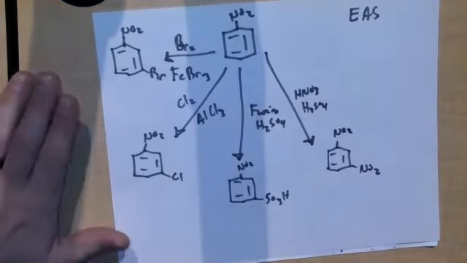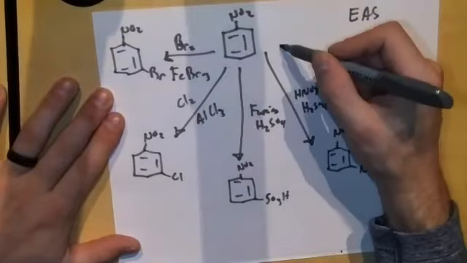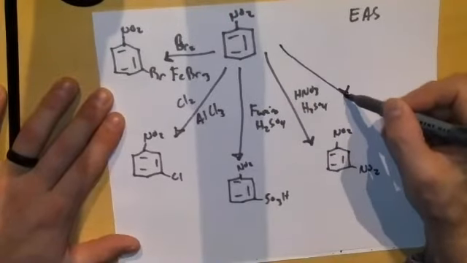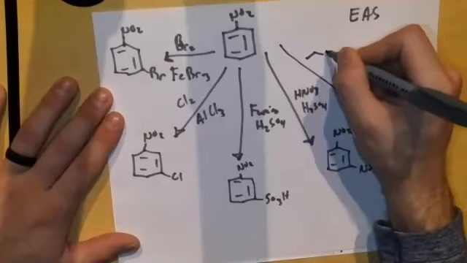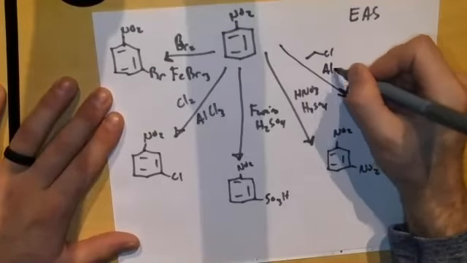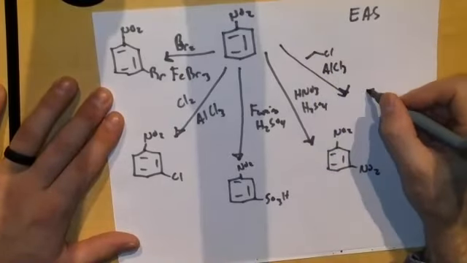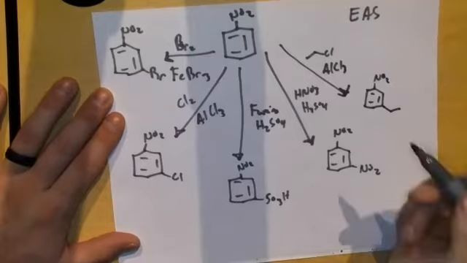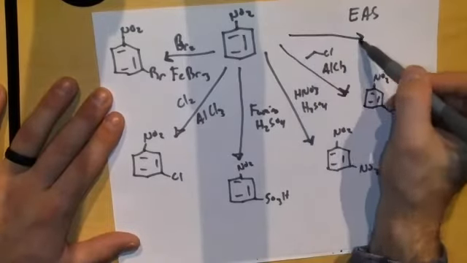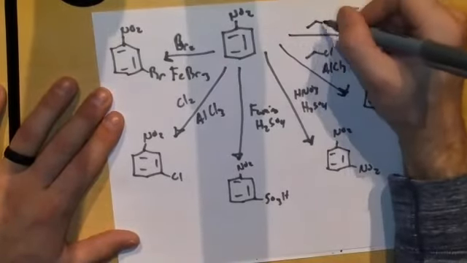We can add carbons with our two different reactions. So the first one is alkylation. And we could also acylate with the acyl version of this.